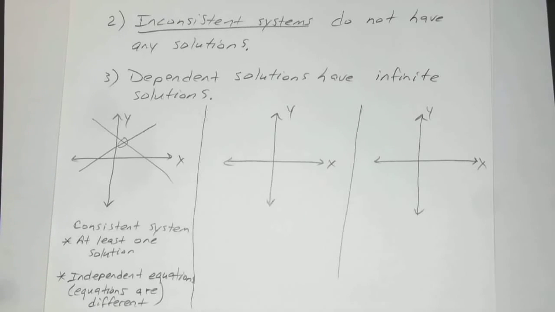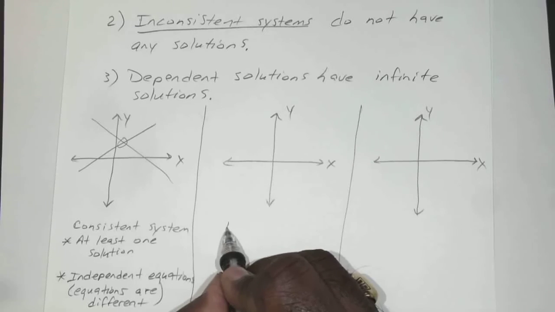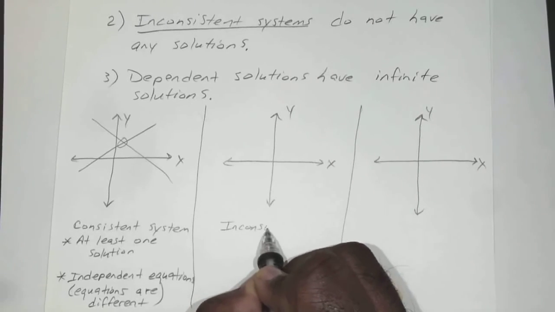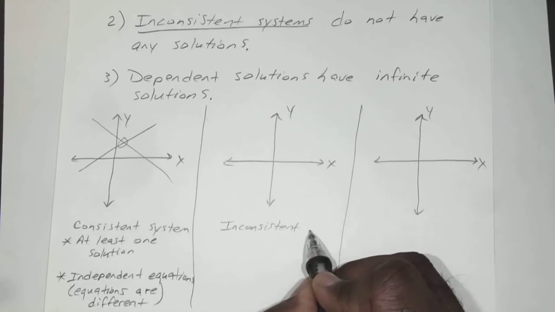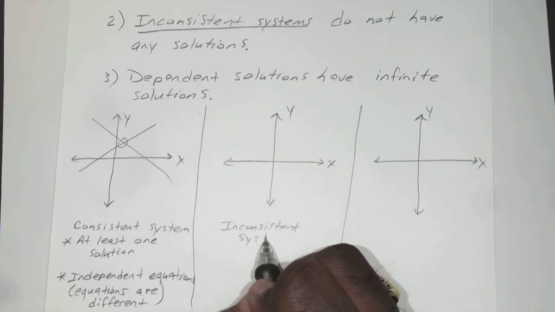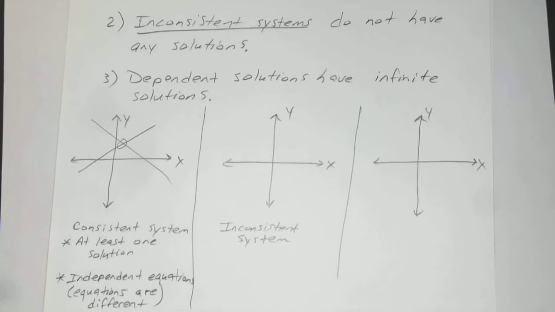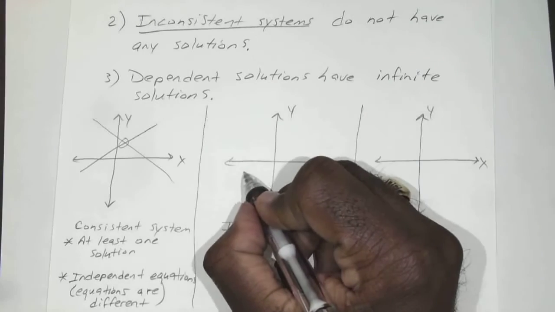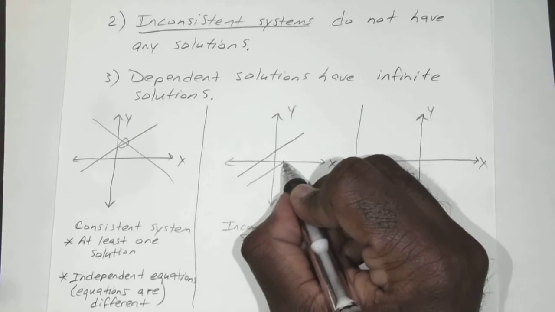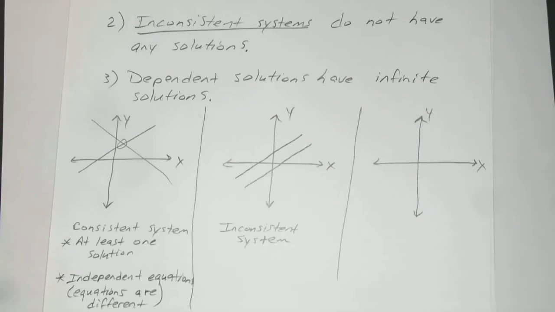Now what if we have an inconsistent system? The only way you can have two lines on the same graph and they never intersect is if they're both parallel. If their slopes are exactly the same, then you know they will never cross each other.